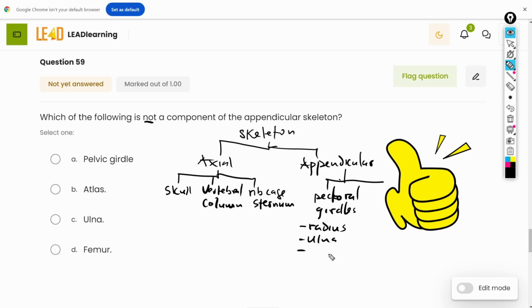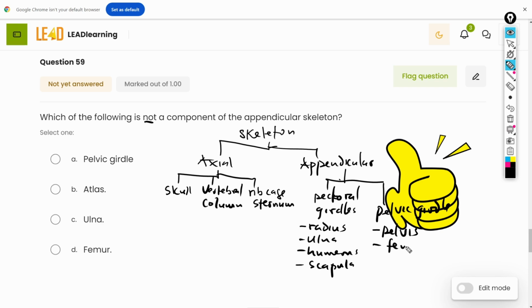Then we have the bones of the pelvic girdle. Here we have bones like the pelvis itself. We have the femur, the patella or kneecap, the tibia, and the fibula.